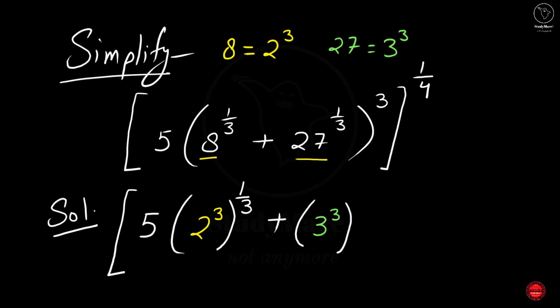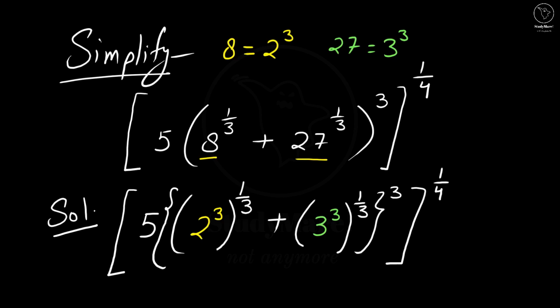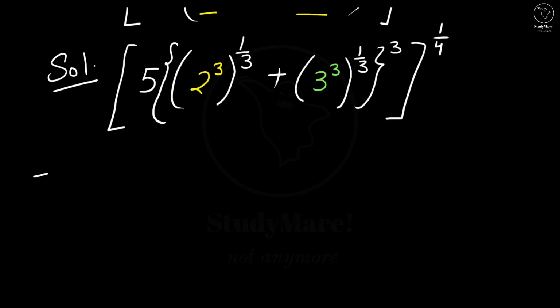We already have the power 1 by 3 over here, and then this entire expression is raised to the power 3, and then this entire expression is raised to the power 1 by 4. So by replacing 8 with 2 to the power 3 and by replacing 27 with 3 to the power 3, we get an opportunity to simplify it further.